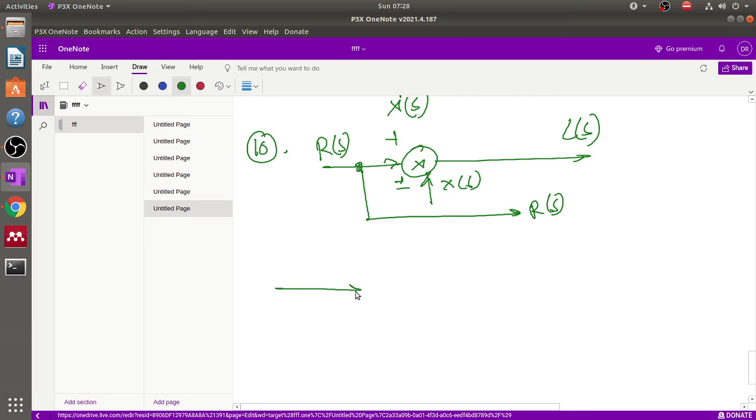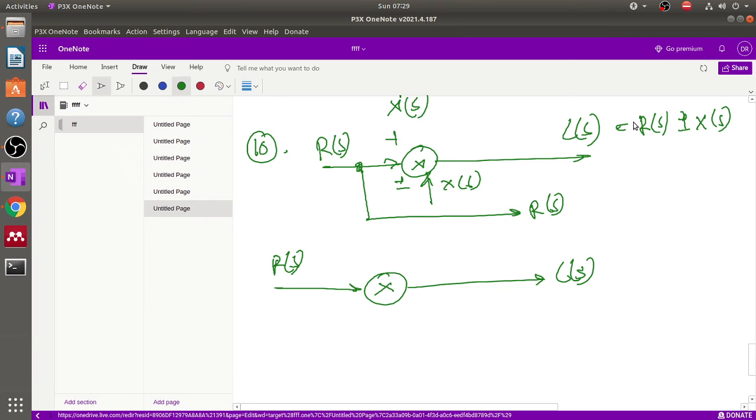Okay, so our task is that here this signal is the same. First of all, there is no change, but one thing should be remembered about this shifting: first of all, here the signal is equal to Rs plus minus Xs.